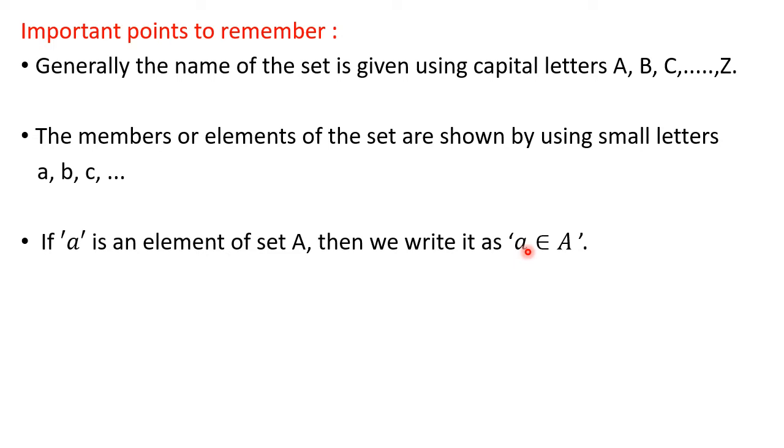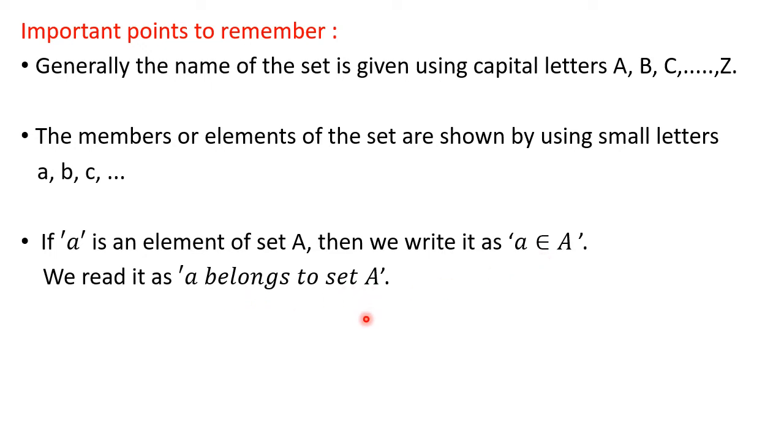We can read it as a belongs to set A, or in other words, a is an element of set A. Either you can read it like this or like this. If a is an element of set A, then we write it as a belongs to A. This is called epsilon.